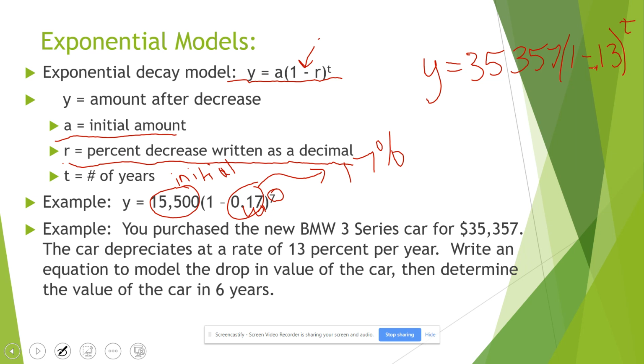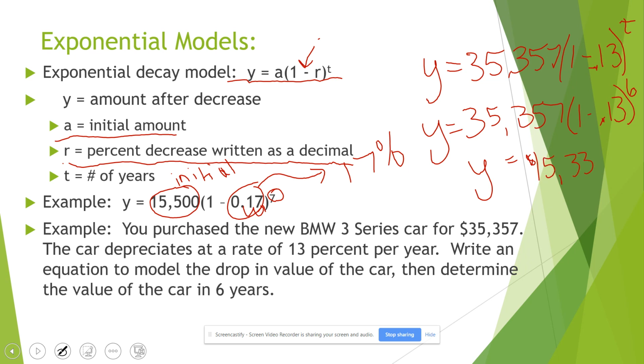It asks us for the equation, and then it asks us to find the value after 6 years. So in this case, we'll change our T to 6, and our BMW 3 Series would be worth roughly about $15,331.72. So you lost $20,000 of value over 6 years.